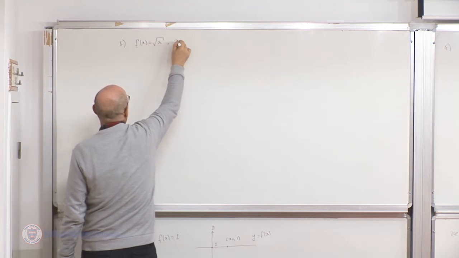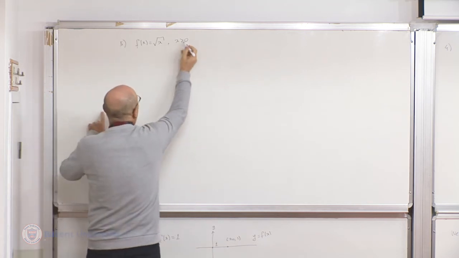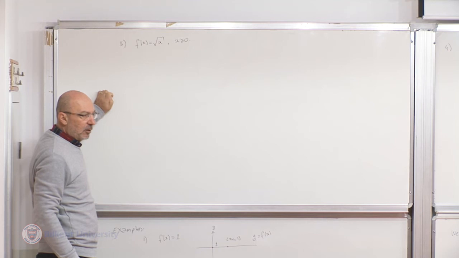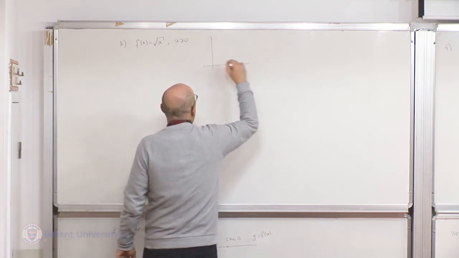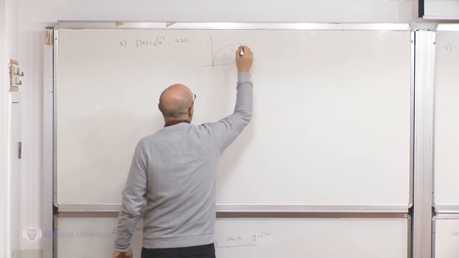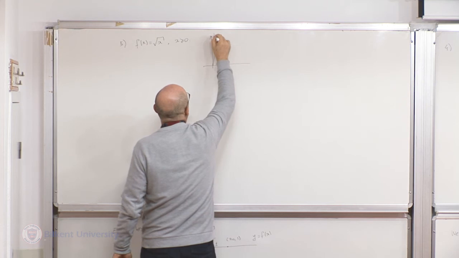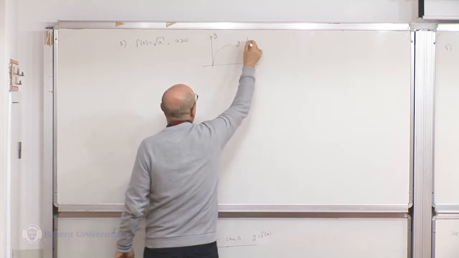Let's say x is positive. Well, actually, this is defined when x is also positive. Okay, but the graph of this is something like this. Well, it doesn't go down, but it's something like this. Y, x, so this is y equals square root of x.